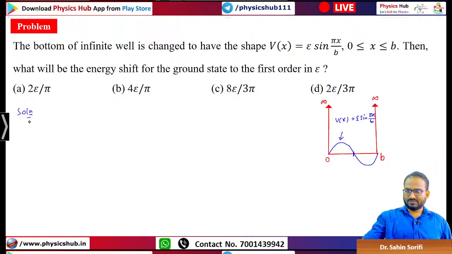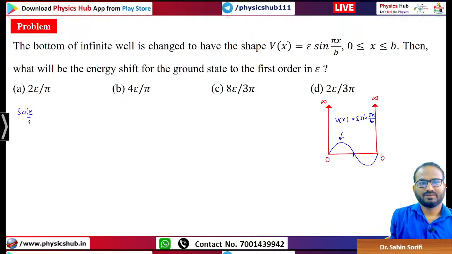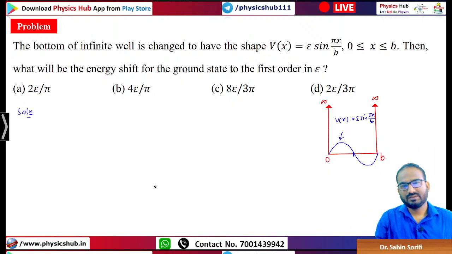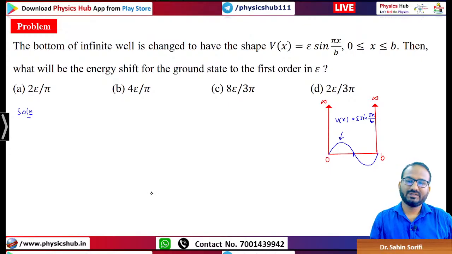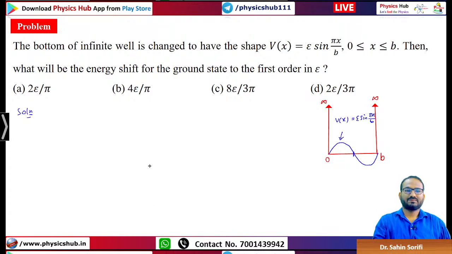Is it getting solved? The bottom of an infinite well potential is changed to a shape like this. What will be the energy shift for the ground state to the first order in epsilon? First of all, we need to know the ground state wave function.